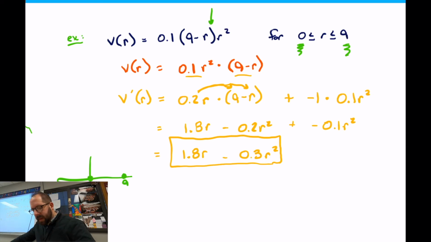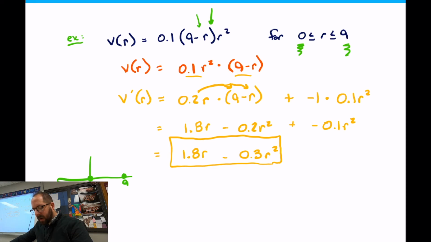Any number between those two dots, 0 and 9, would end up being positive. Here's how I know. If I plug in the number 1, what's 9 minus 1? It's 8. And what's 1 squared? 1. All those numbers are positive: 0.1, 8, and 1. So that number would be positive.